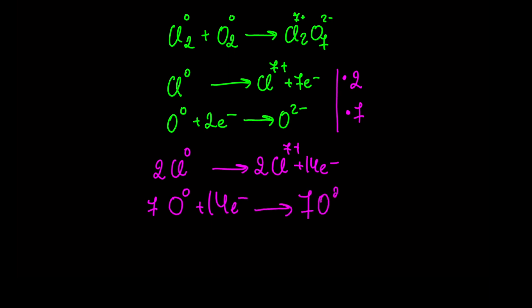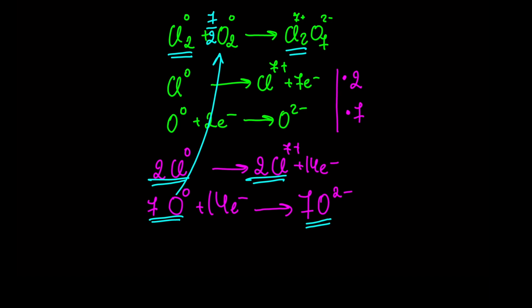For chlorine, we need to have 2 atoms before and after the reaction, which we have. And we must have 7 oxygen atoms before the reaction and 7 after it. To get 7, we need to write 7 halves in front of the oxygen.